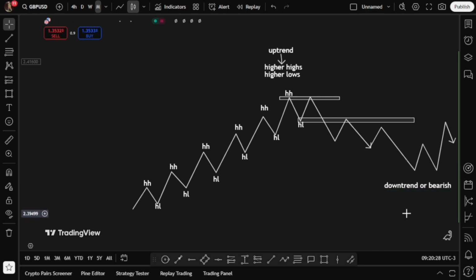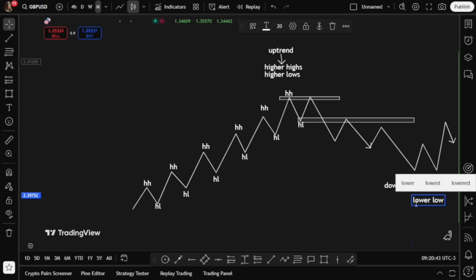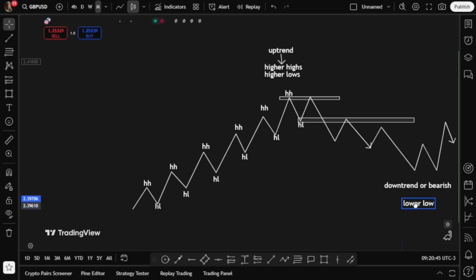There you have it. And now the downtrend consists of two components. We have the lower low, and then we have the lower high.